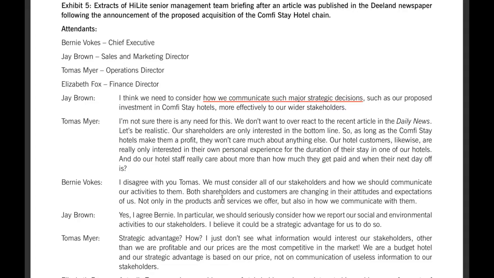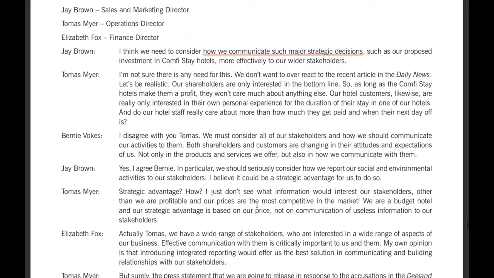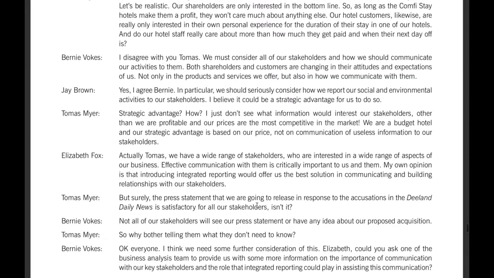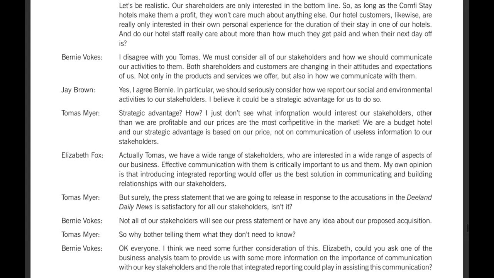The CE is considering that they must consider all the stakeholders and should communicate to them. The issue in this exhibit is how they should further communicate with the stakeholders, and they were talking seriously about reporting the social activities they have to the stakeholders.